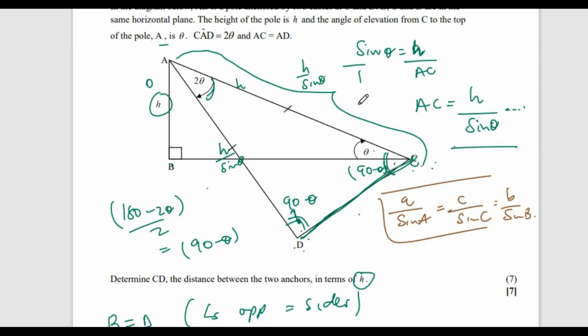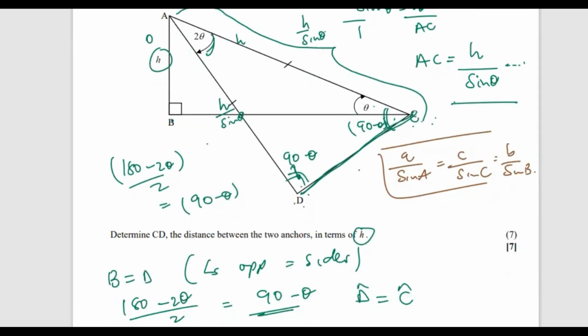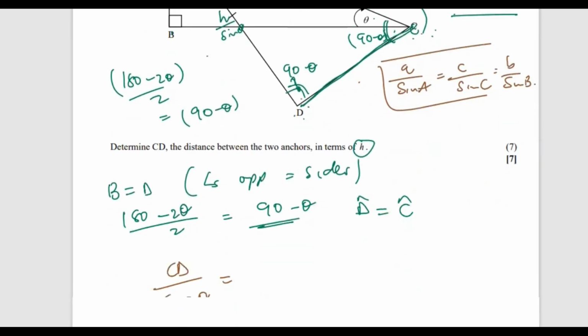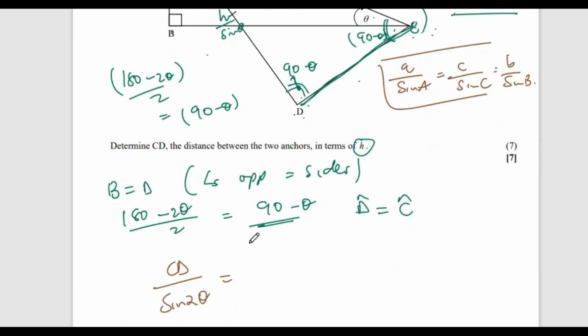So let me use AB, that is AB, which is H over sine theta, divided by the sine of 90 minus theta.